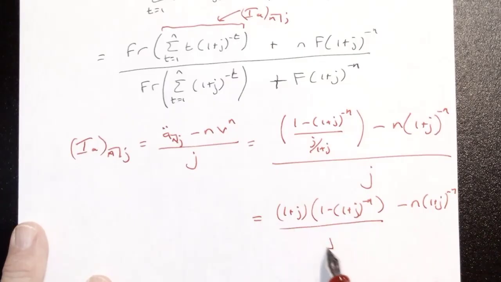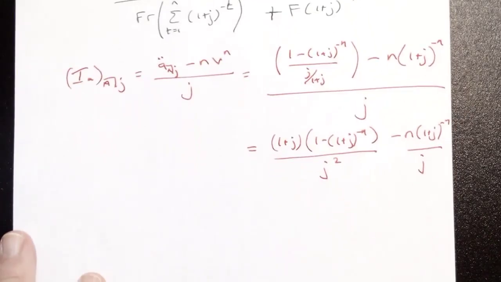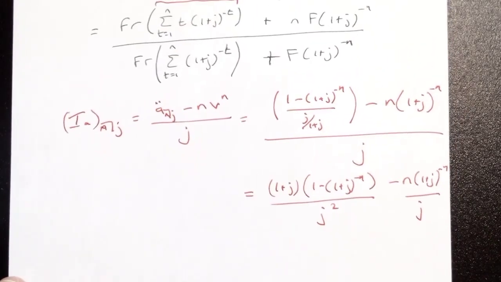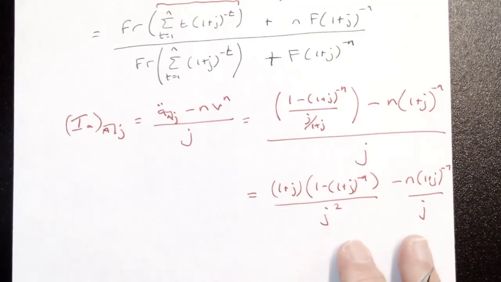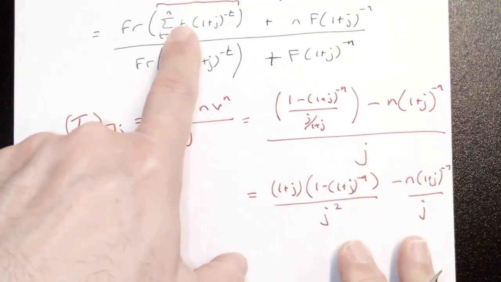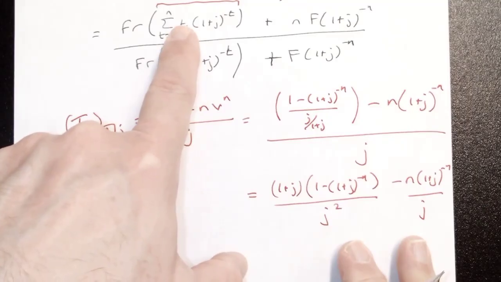So I make this one over j squared and this one over j. That goes up here. That's supposed to make it easier. Well, it does.